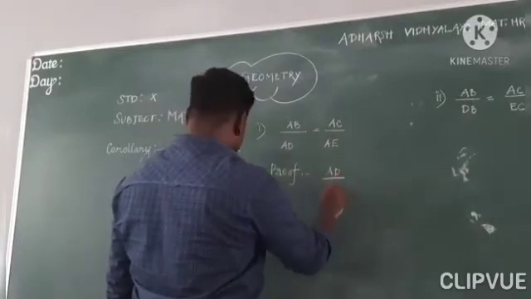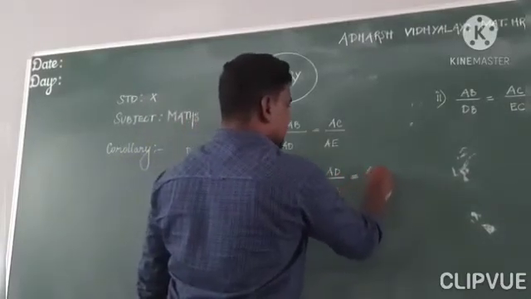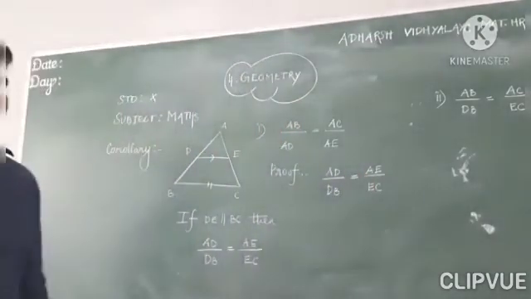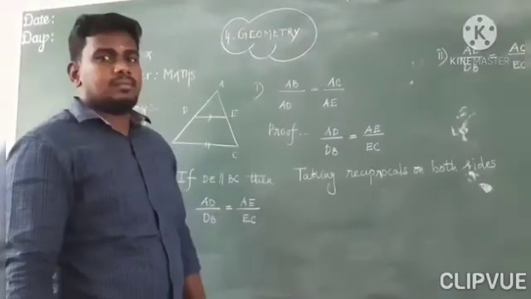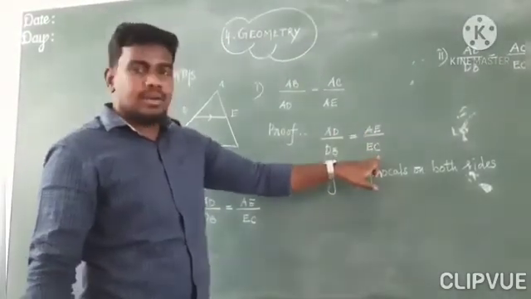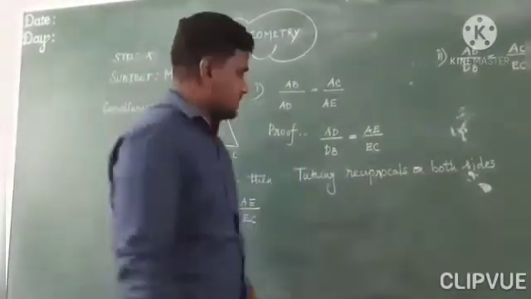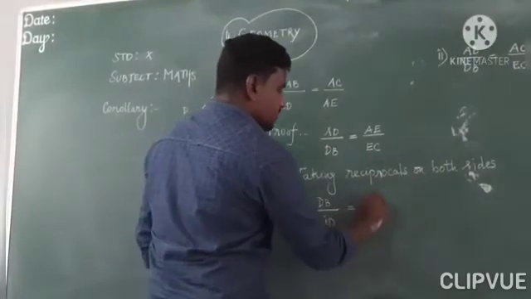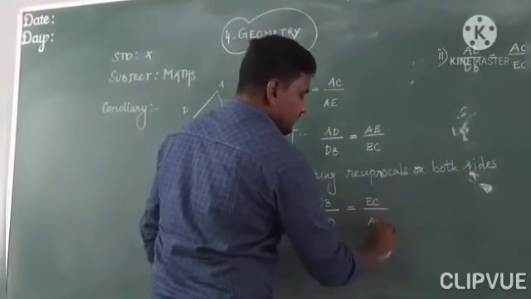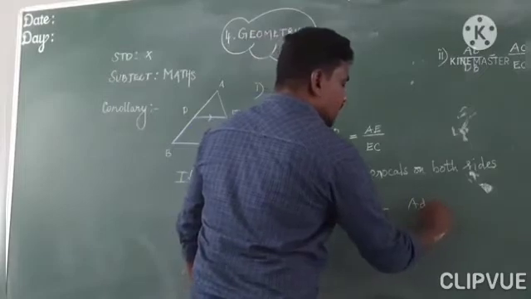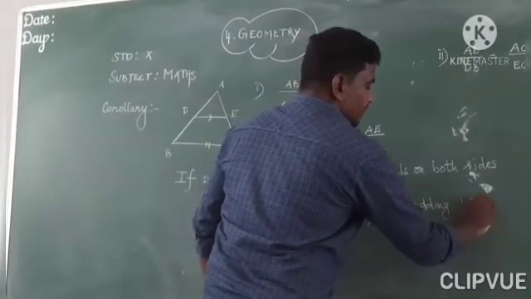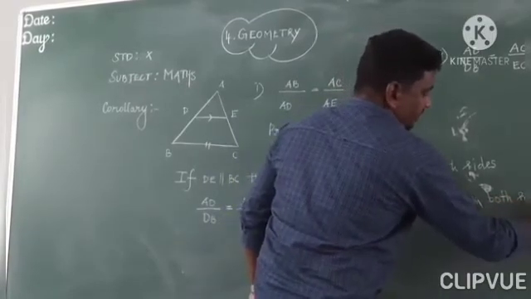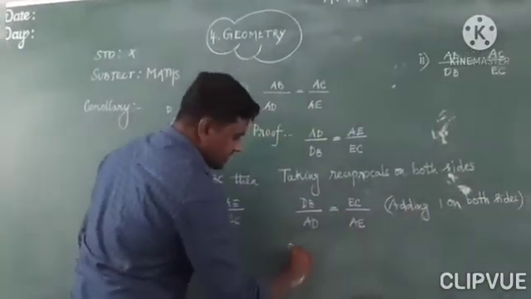We know that AD by DB equals AE by EC. If you take the reciprocal on both sides, it becomes DB by AD is equal to EC by AE. Adding 1 on both sides, what do we get?